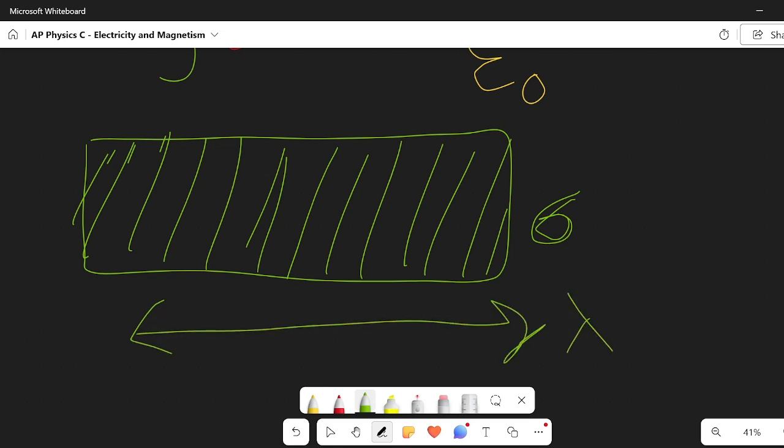So you're going to be given two things, right? Either an infinite planar surface, infinite line, or something like this, and the charge density. And your goal will be to calculate the electric field created by this charge using Gauss's law.